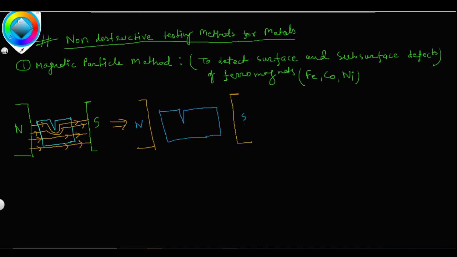On the surface we place small magnetic particles. Now the magnetic field will pass, and it will be deflected here and pass like this.